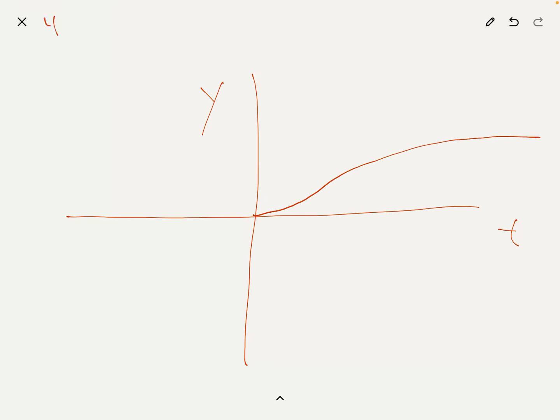Okay, 43 is almost the same problem as 41, except that time is now the independent variable instead of x. And that's why the graph starts at t equals 0, because we don't want to talk about negative time.